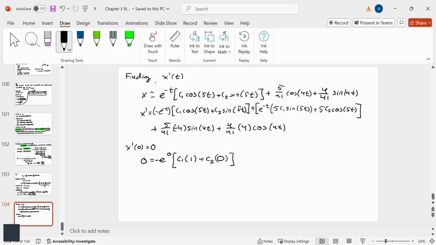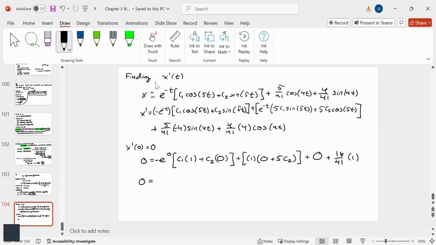I'm going straight into it because I'm not going to have enough room to write it all down. 1 times negative 5c1, but that's 0, plus 5c2, plus 0, doesn't matter because it becomes sine, plus 16 over 41 times 1.